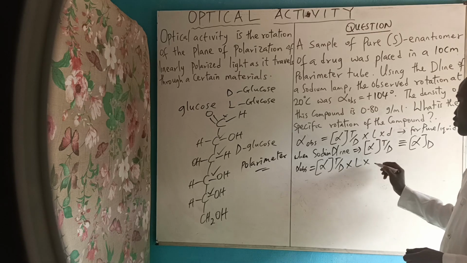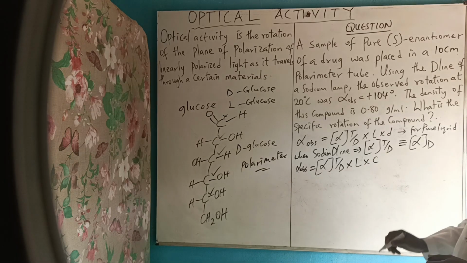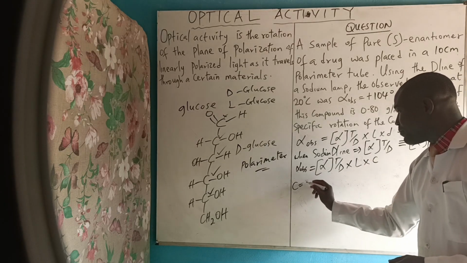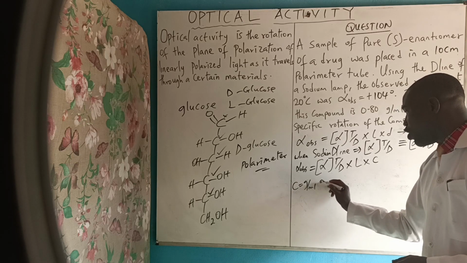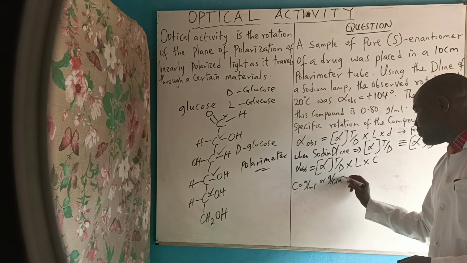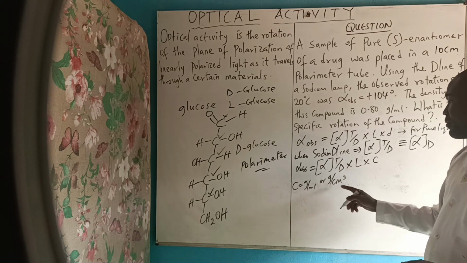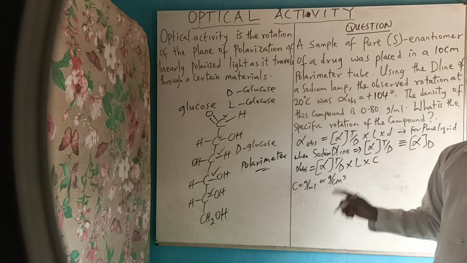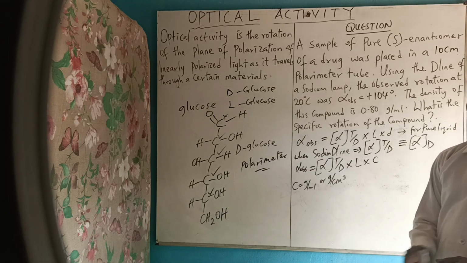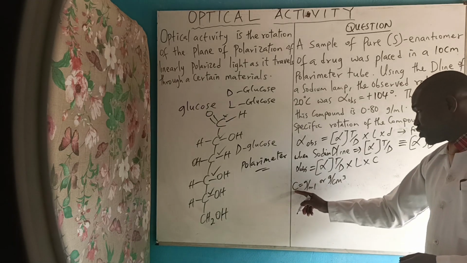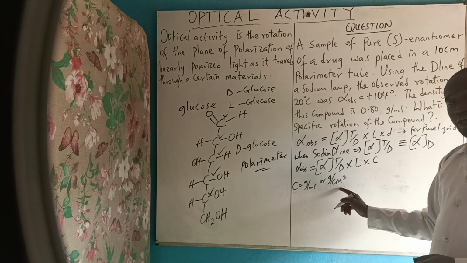length times what? Concentration. Note that concentration can be in gram per mil or gram per cm cube. Concentration and density can be in gram per mil or gram per cm cube, because 1 mil is equivalent to 1 cm cube. So whether concentration or density, look at their unit.